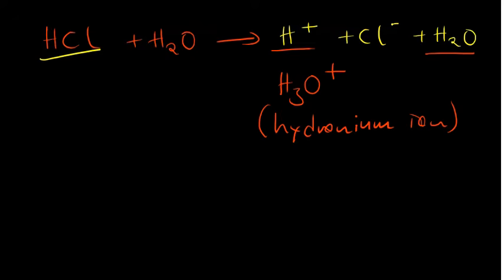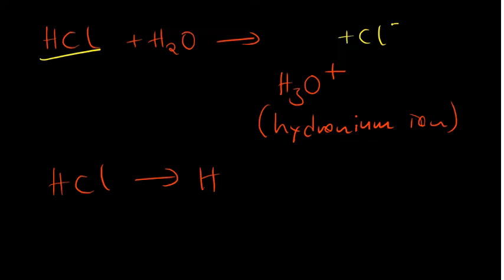In a case where they ask you to write an equation involving water, you need to combine the hydrogen ion and water, so that you only have the hydronium ion together with a chloride ion. In a case where you're only talking about the dissociation of an acid separately, that's where the definition of only hydrogen ions comes in. It's basically one and the same thing. All we are doing is combining water when you are dissolving it in water to produce the hydronium ions.